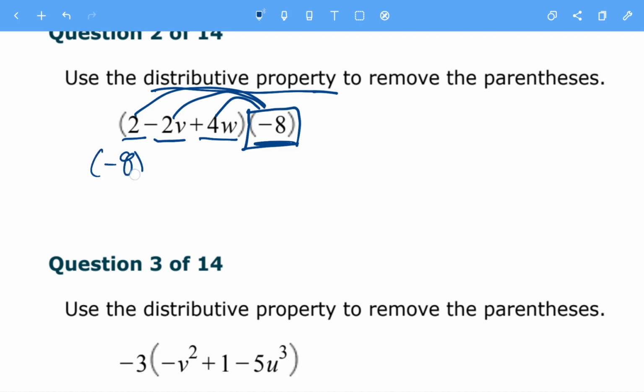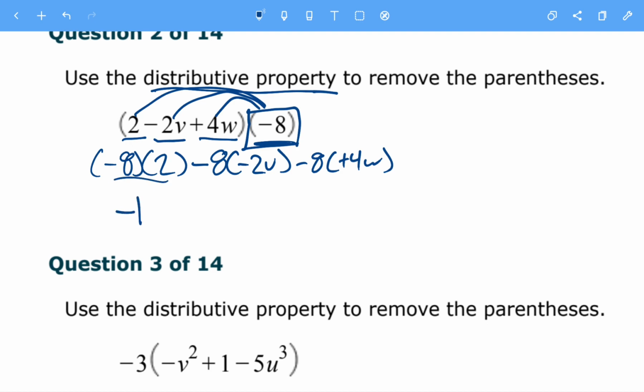So we get negative 8 times 2 minus 8 times minus 2v minus 8 times plus 4w. And then you multiply. So negative 8 times 2 gives us negative 16.